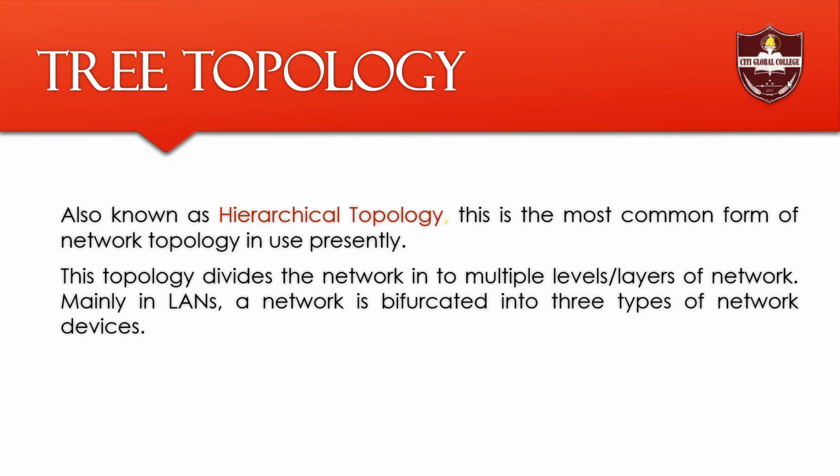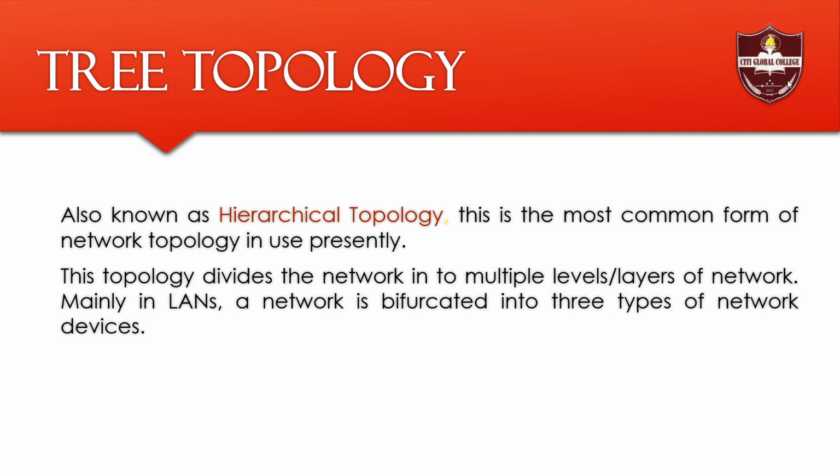Tree topology, also known as hierarchical topology. This is the most common form of network topology in use presently. This topology imitates an extended star topology and inherits properties of bus topology. This topology divides the network into multiple levels or layers of network, mainly in LANs. A network is bifurcated into three types of network devices.